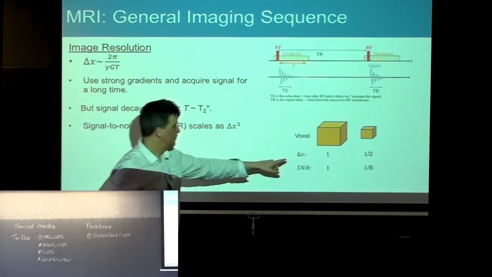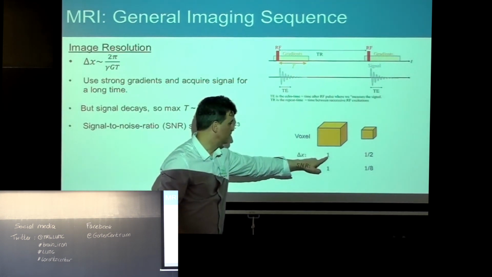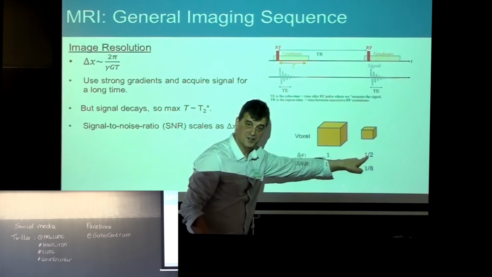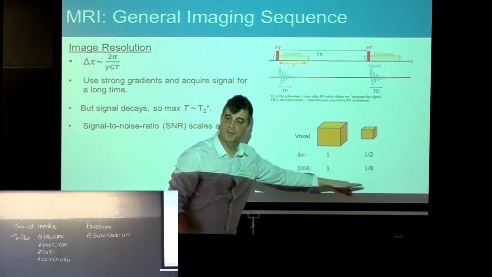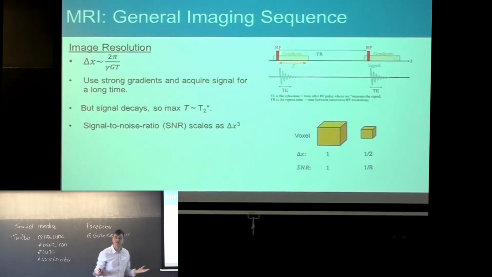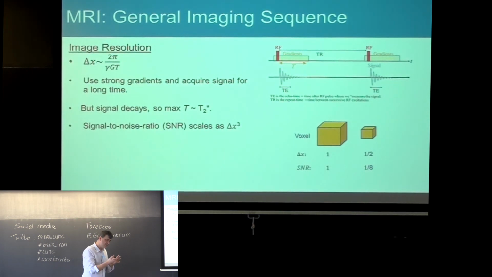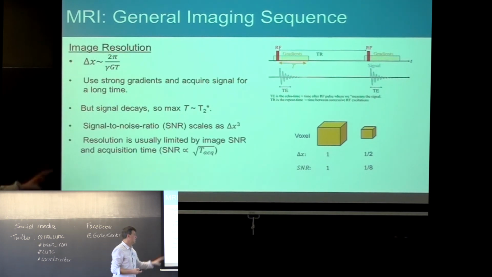So if you scale the size of the voxel dimension by a factor of 2, then the volume goes down by 1/8, and therefore the signal decreases by a factor of 8. So as you try and increase the resolution, you lose signal to noise very quickly. So resolution is usually limited by image signal to noise ratio.